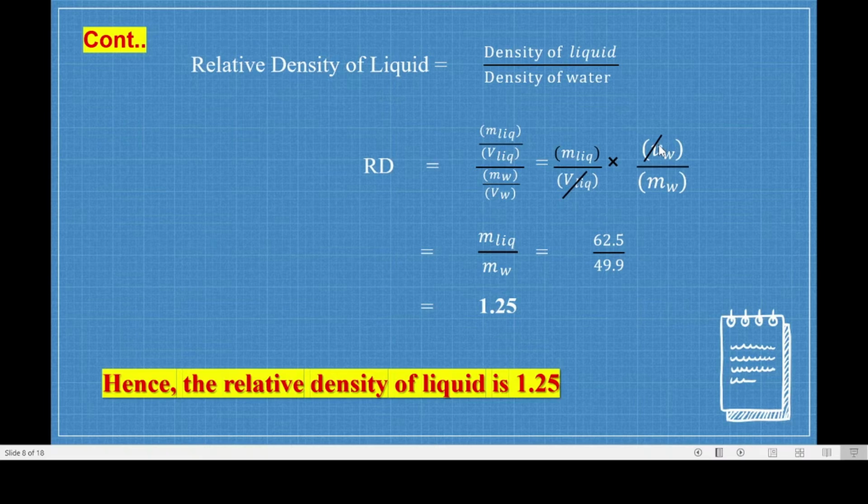So the volume of the water and the volume of the liquid get cancelled. Then we will be left with mass of the liquid, mLiq, by mass of the water. We know both the values: the mass of the liquid is 62.5 whereas the mass of the water is 49.9, and if you divide these two values you will get 1.25. Hence the relative density of the liquid is 1.25, and you should note it down that it has no units at all.